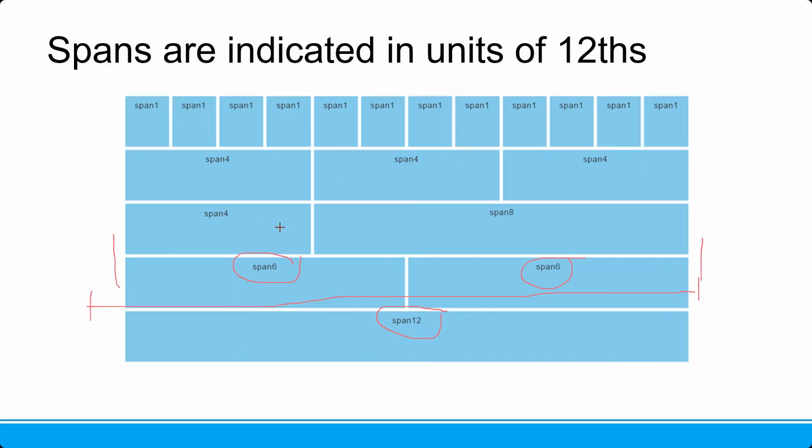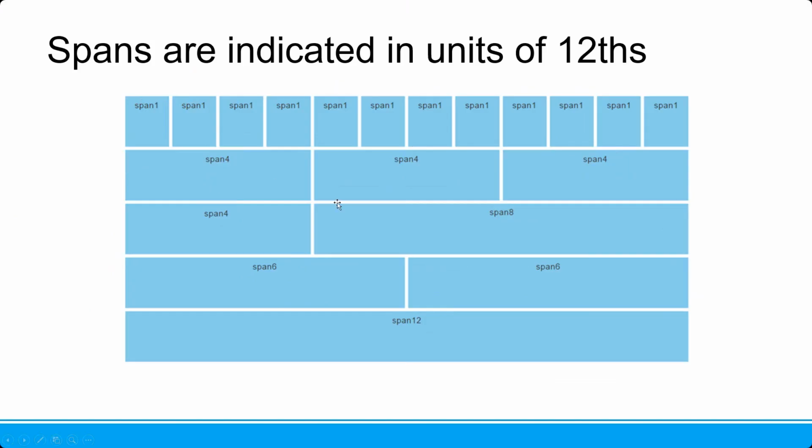When you want to make it into two with different size, so you can have span 4 and span 8. Or if you want to make three different size equally, so you have span 4, span 4, span 4. Or if you want to make every single span, so 1, 1, 1, 1, then you can make plus of this span.